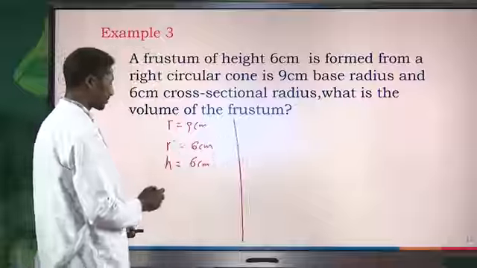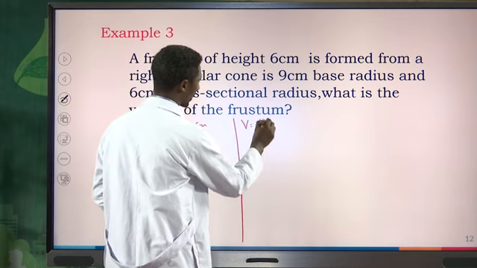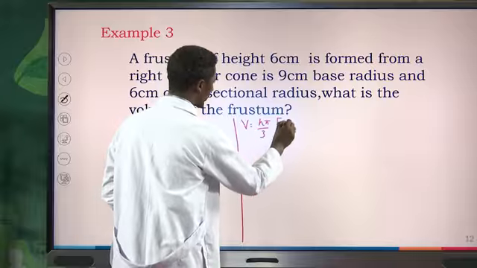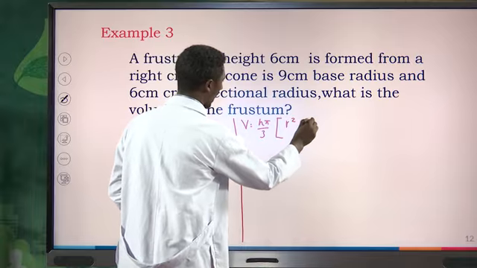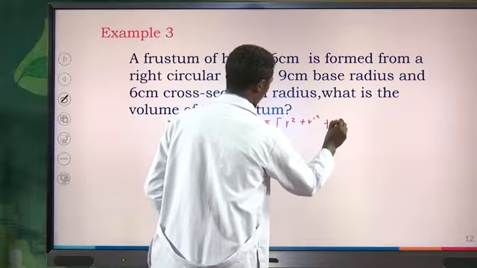The volume of a frustum of a cone is given by h times pi over 3, times (r squared plus r prime squared plus r times r prime).